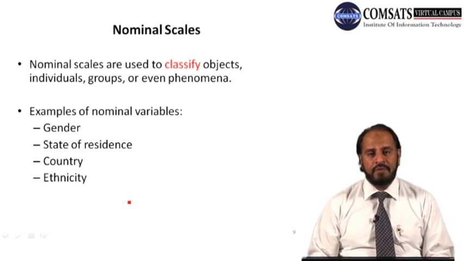For province of residence, we could have Punjab, Sindh, KPK, whatever these categories might be. But the general objective for this kind of variable is to categorize. So if the variable you're using needs to break the information down into subgroups and subcategories, and then do a count on them, then the scale you're using is called a nominal scale.